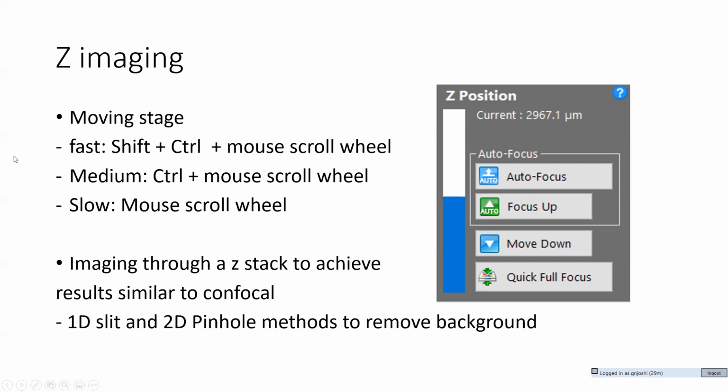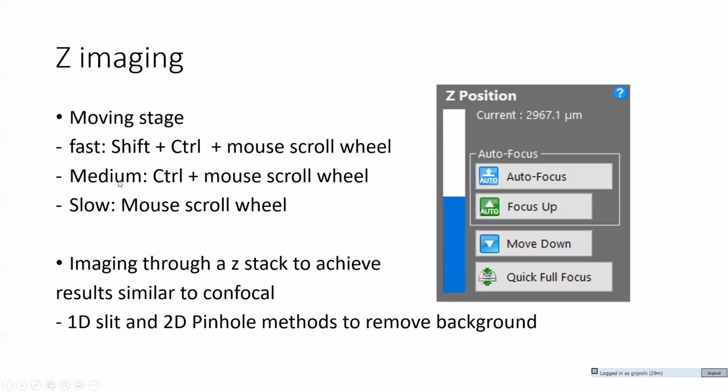And these are some few things that you will have to remember, which is if you want to move fast, you click on Shift, Control, and the mouse scroll wheel. If you want to move at a medium speed, it's Control and mouse scroll wheel. And if you want to move slow, which is the fine focus, right? So it's mouse scroll wheel. So slow is kind of fine focus, fast is kind of coarse focus, and medium is somewhere in between.